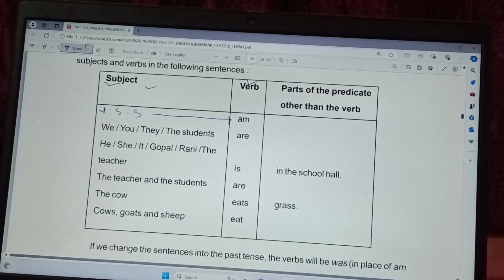So I is a singular subject, so am is a singular verb. And I always agrees with am. We say I am.